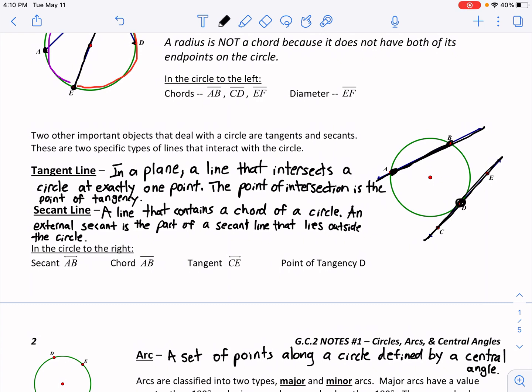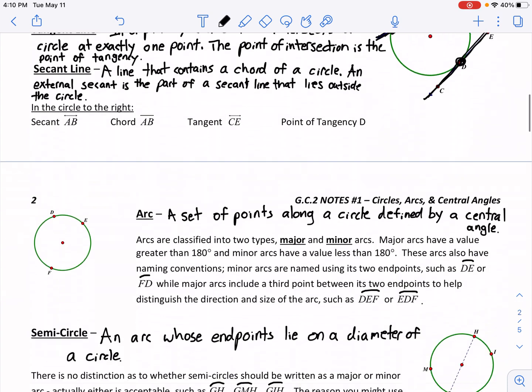So it says it's a line that contains a chord of the circle. So this guy right here would be a secant, okay? So a secant contains a chord. Tangent, we're only hitting the circle at one point, and that point is the point of tangency, okay? So just kind of pointing some things out there. They talked about the secant AB, chord AB, our tangent CE, and the point of tangency, okay? And we'll talk about how to write the differences here, which is also based on what we looked at in Unit 1 as well.